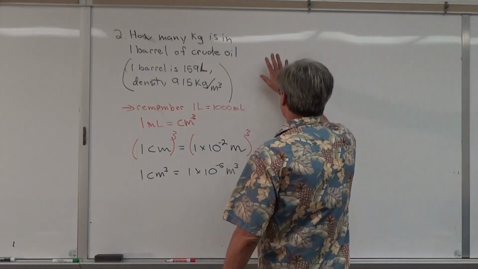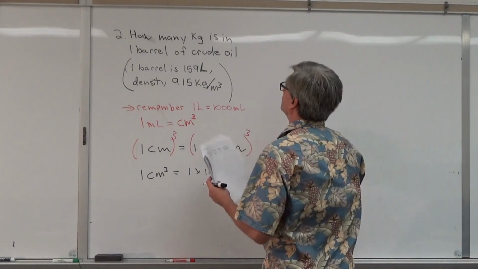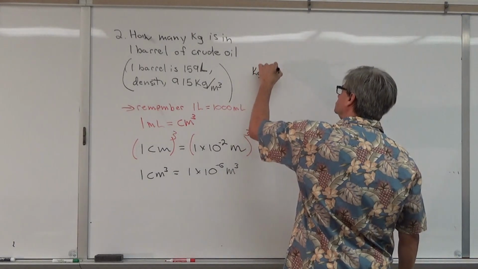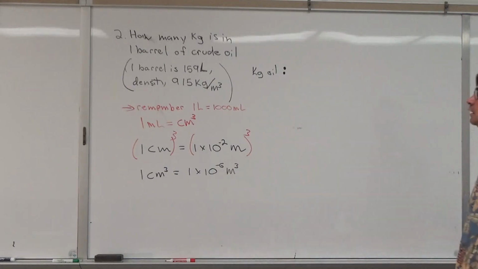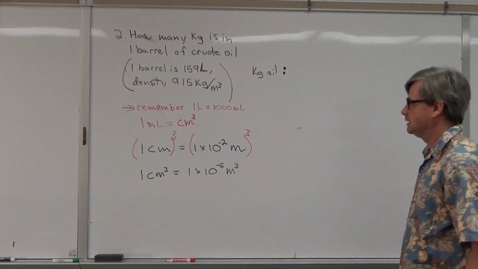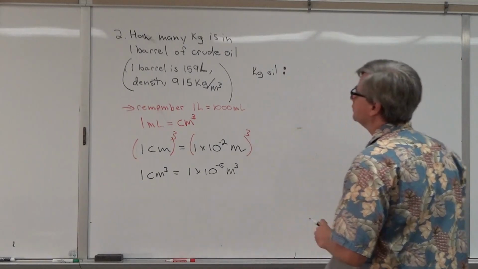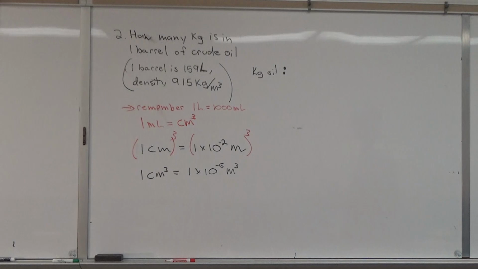Start here with my calculation label. What are we after? We're after kilograms of oil in a barrel. What's the quantity that we're starting with? In a lot of these problems, there's no single way to do it. I should mention that.